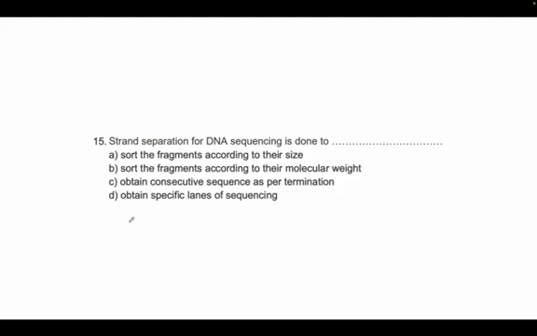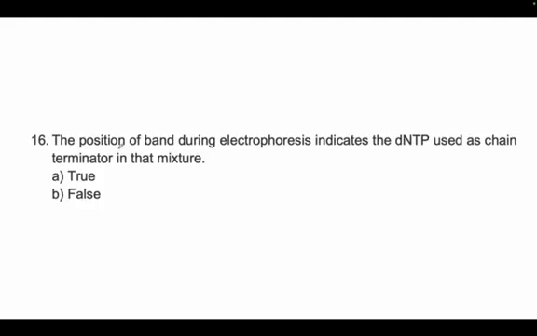Strand separation for DNA sequencing is done to sort fragments according to their size. Okay. Which is how we can then read the sequence back. The position of the band during electrophoresis indicates the dNTP that is used as a chain terminator in the mixture.